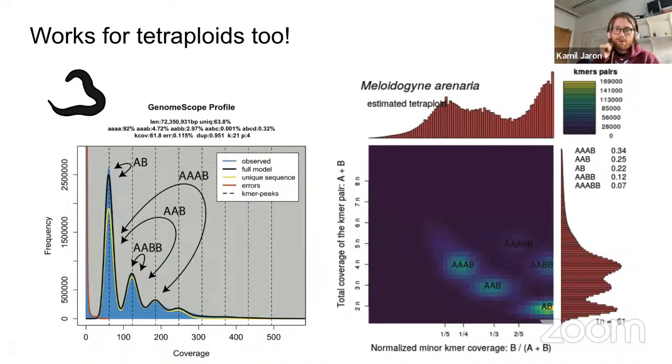Now that's a different root-knot nematode. The histogram doesn't look all that different, but if you look at the smudge plot, it gives you a new, brighter smudge for this AAB. So this is a case of a tetraploid.